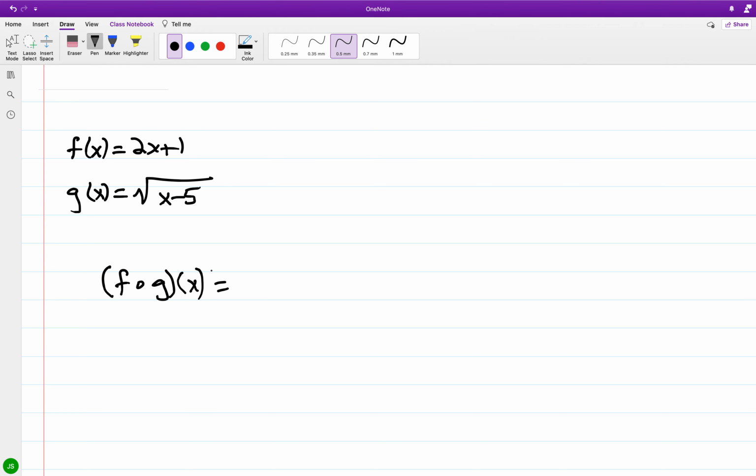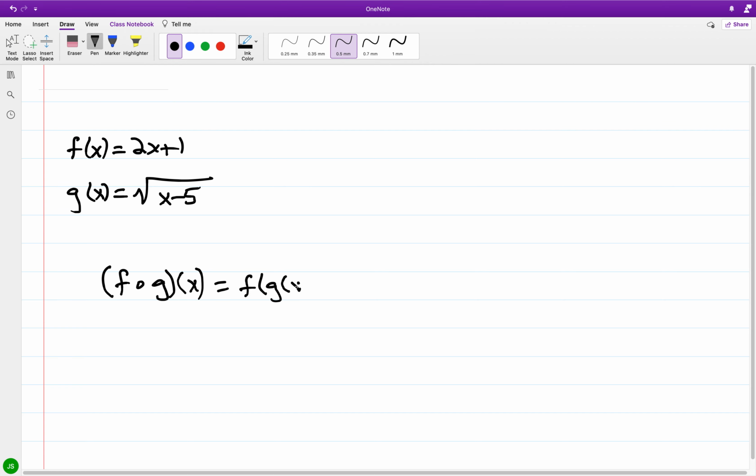So we're looking at f of g of x. For g of x, we have f of the square root of x minus 5.